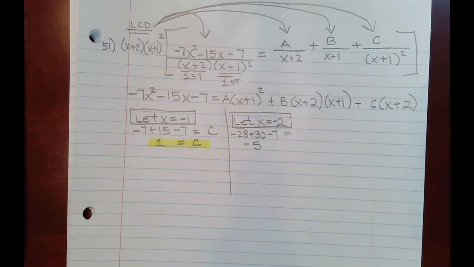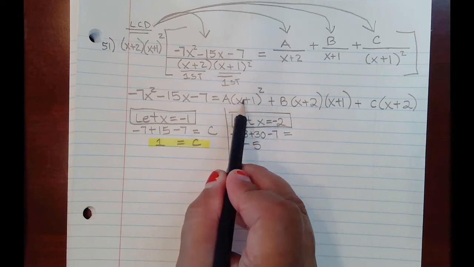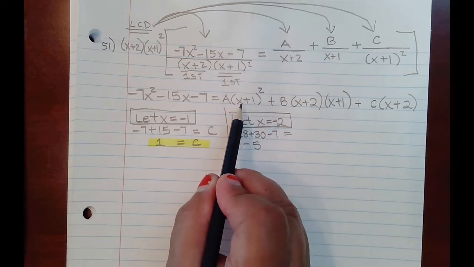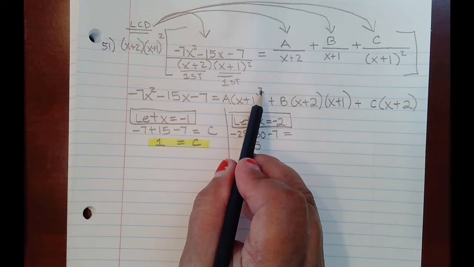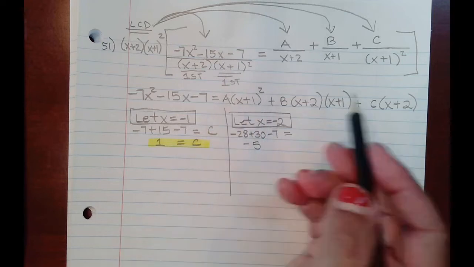So we did the left-hand side. Now we're going to plug in -2 into each of the expressions on the right-hand side. If you put -2 right in there, -2 plus 1 is -1. -1 squared is 1. Anytime you square something, it comes out positive. So that would be 1 times a.